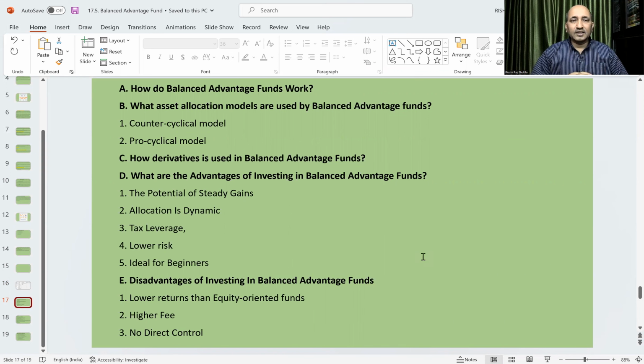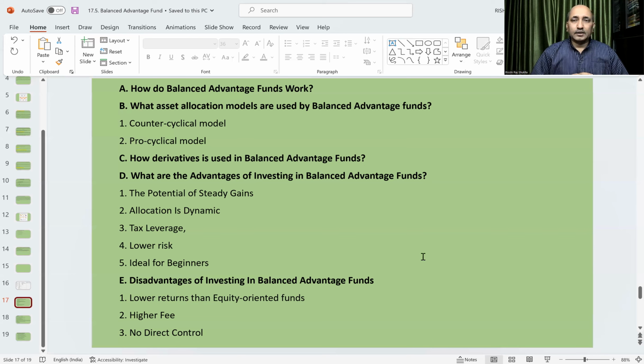So how does the balanced advantage fund work? As the name suggests, this is a balanced fund of equity and debt. Both are mixed here, and the fund manager tries to take advantage of different situations of the equity market and debt market, especially the equity market.